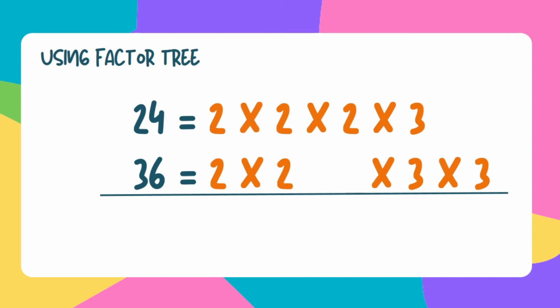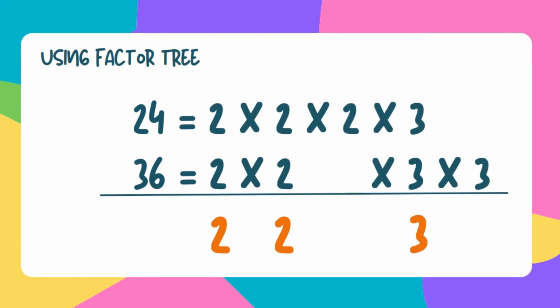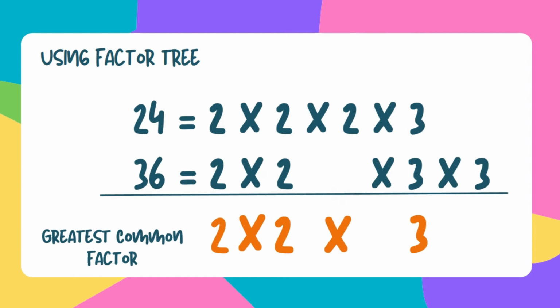After listing down the prime factors of 24 and 36, we're going to bring down the prime factors that are the same. To get the GCF of 24 and 36, we're going to perform multiplication. 2 times 2 times 3 is equal to 12.